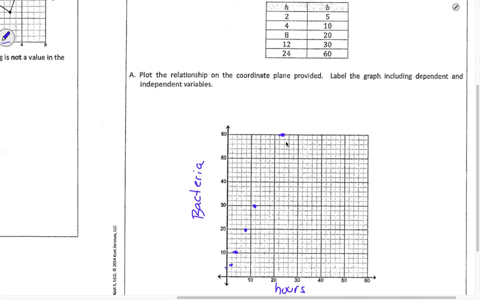What does the data look like it's doing, Maya? Hope, what does the data look like it's doing?